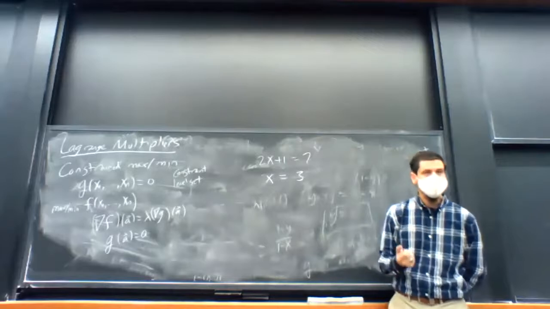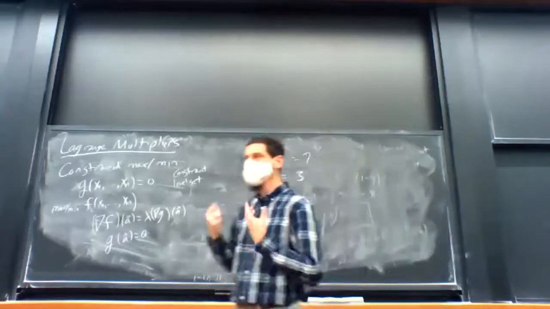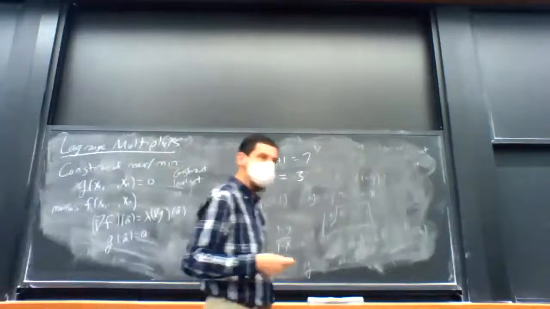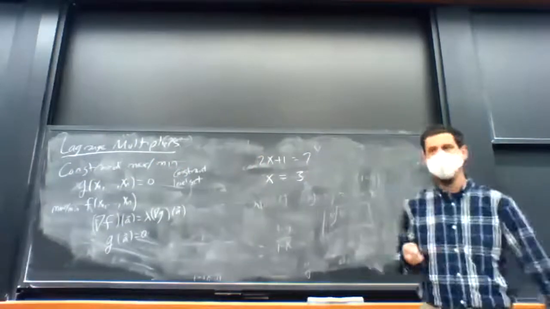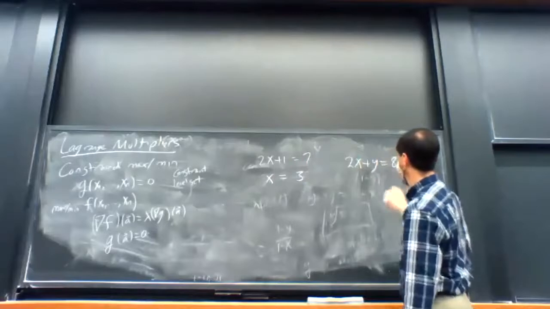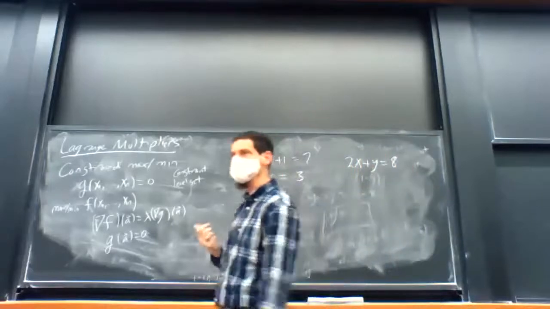So it's possible, but as a rule of thumb, if I have more equations than unknowns, I don't expect a solution. What if I have fewer equations than unknowns? 2x plus y equals 8. Do you expect that to have solutions?